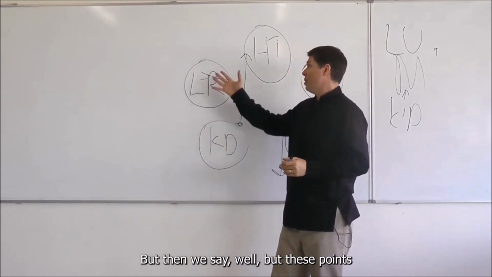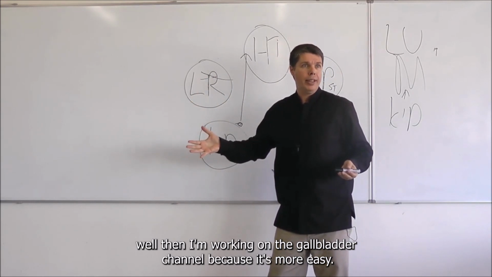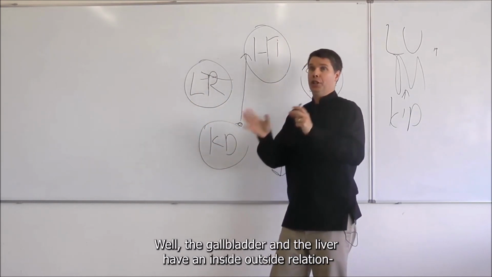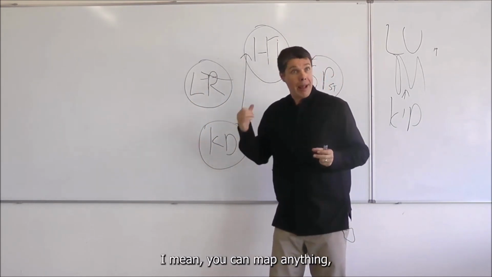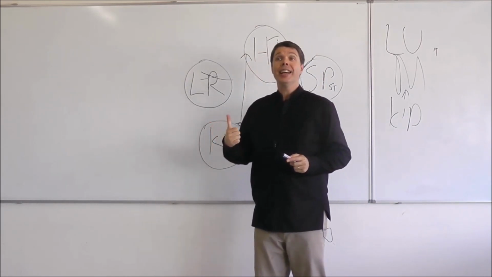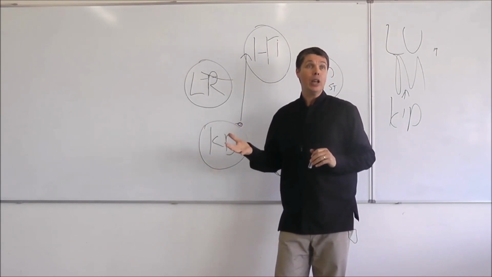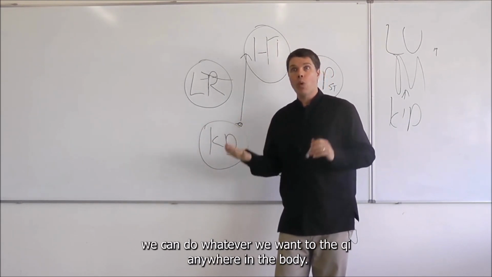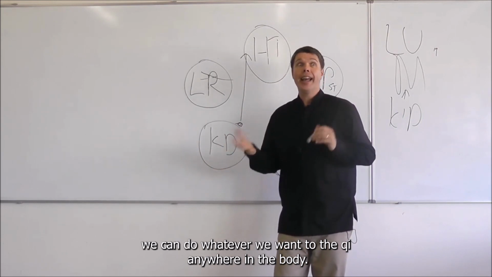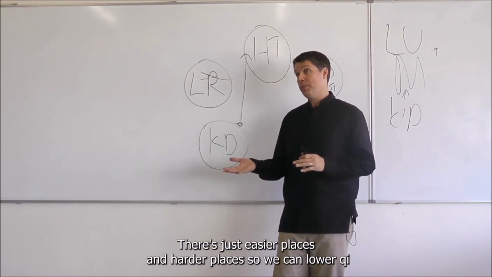But then we say, well, but these points, well then I'm working on the gallbladder channel because it's easier. Well, the gallbladder and the liver have an inside-outside relation. I mean, you can map anything to anything you want, but hopefully we're starting to see that while there's places that are easier and less easy, we can do whatever we want to the qi anywhere in the body. There's just easier places and harder places.